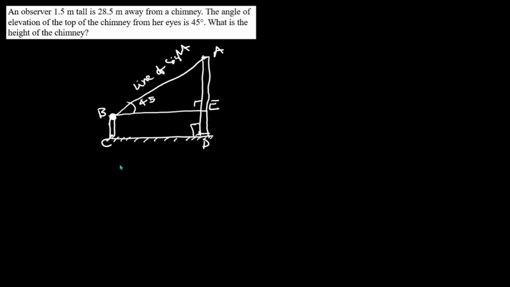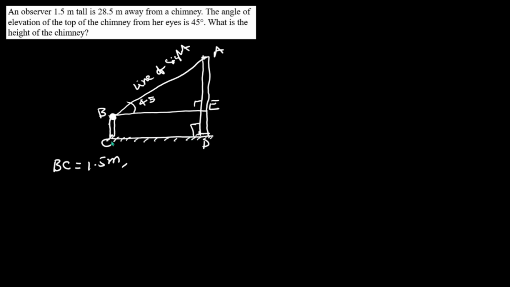Now what is asked? He has given another thing: the height of the observer is 1.5 meters. So BC is the height of the observer, equal to 1.5 meters. Then what else is given? The observer is standing 28.5 meters away from the chimney.